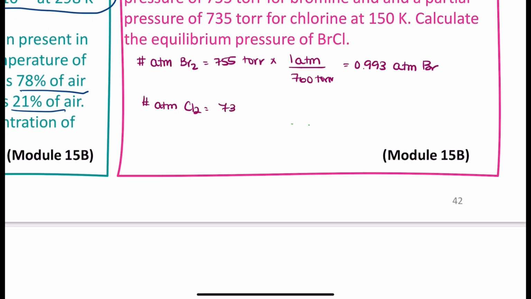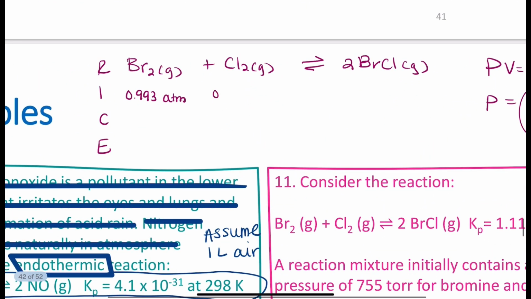I'm given 735 torr. So of course no perfect square here. Can't be nice about it, huh? 1 atmosphere, 760 torr. Gives me 0.967 atmospheres. And I don't have any BrCl to start.